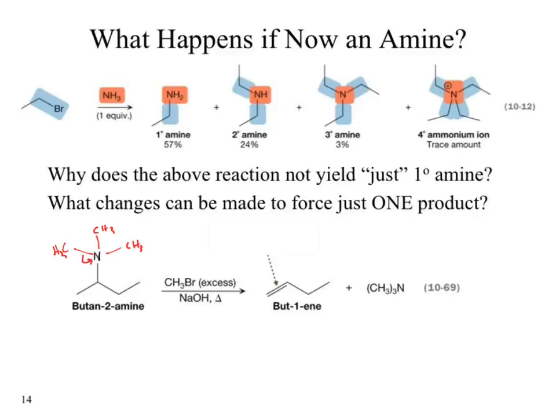If nitrogen took the electrons away from one of those methyls, can I form an alkene? No, there's only one carbon. That's why we stick with the methyl halide. That methyl halide now converts our nitrogen into a phenomenal leaving group so that it can take electrons.